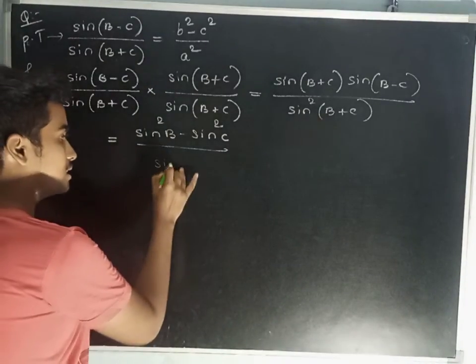And sin(b + c) can also be written as sin a, so the denominator is sin square a.